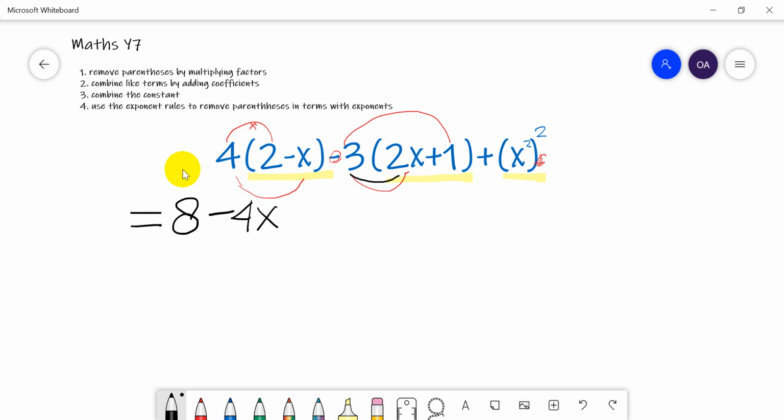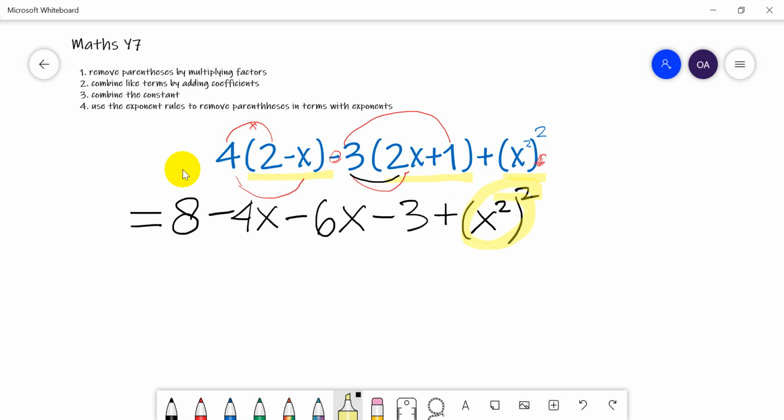The result is negative 6x. And then -3 times +1. The result is negative 3. And we can put the last part, x to the power of 2, to the power of 2. Now we can get rid of the parentheses in terms with exponents by using the exponent rule.